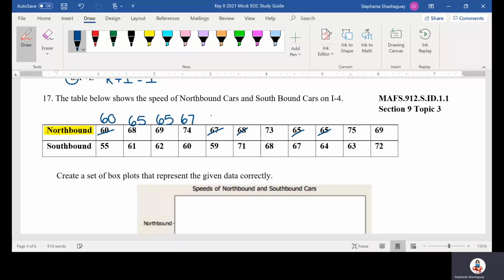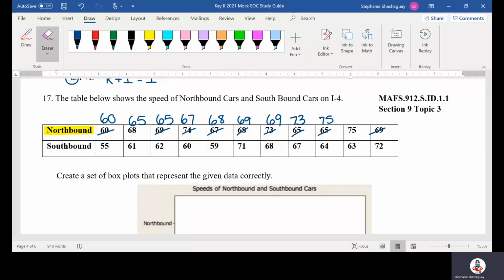Then I have 68. 69. And 69. Then I have 73. 74. Okay, said 74 and wrote 75, so 74. Then I have 75.